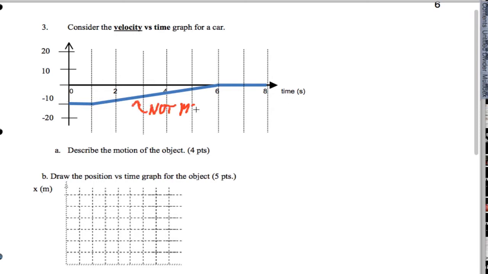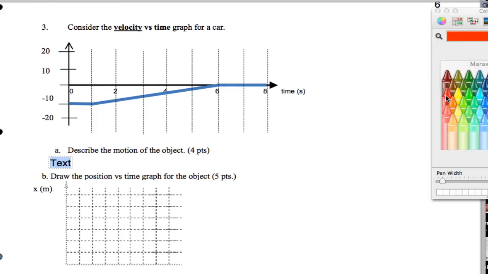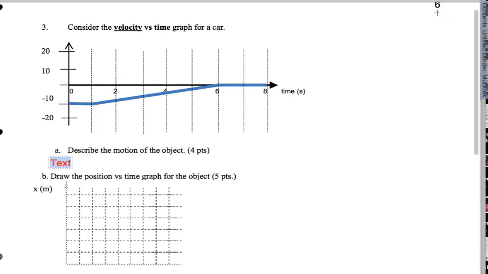Not moving forward. What it's doing is, it is in fact slowing down, and it's going backwards. So if we describe the motion of this object, let's keep it simple. The way this object is moving is as follows.